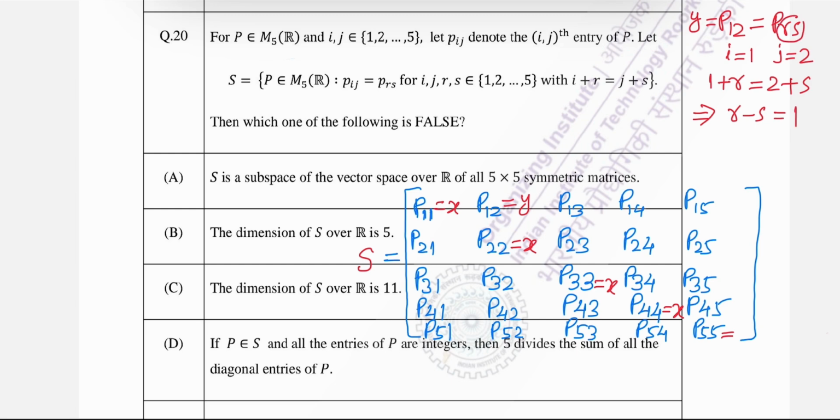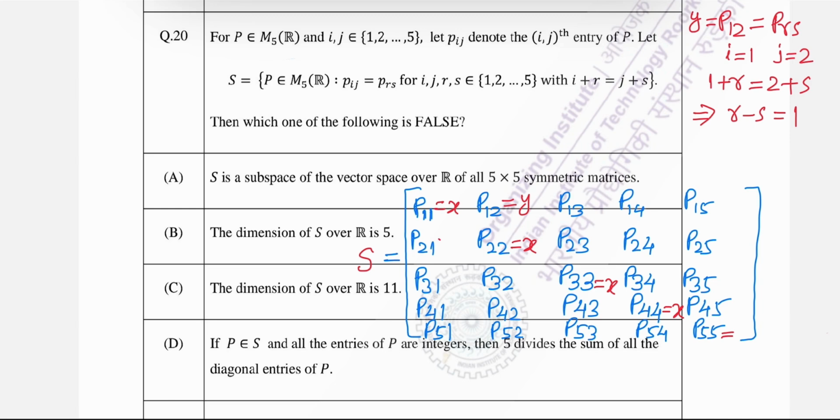So r should be greater than s by 1. Suppose r is 3, then s must be 2. If r is 4, then s must be 3. Let us check where those entries are.